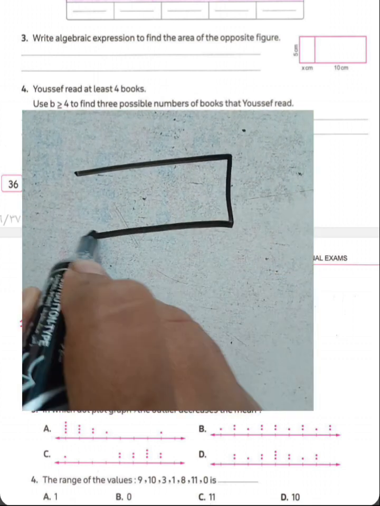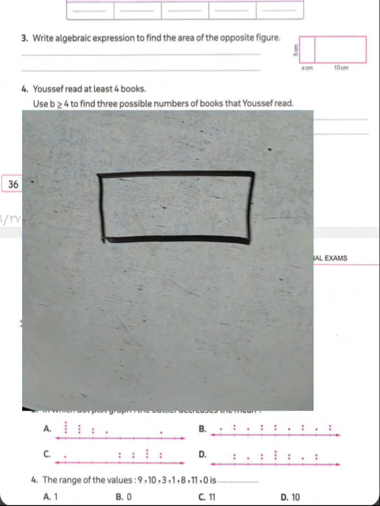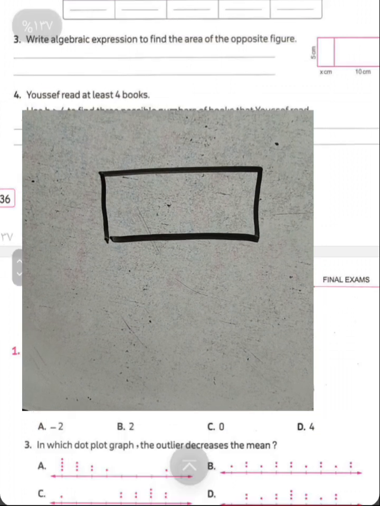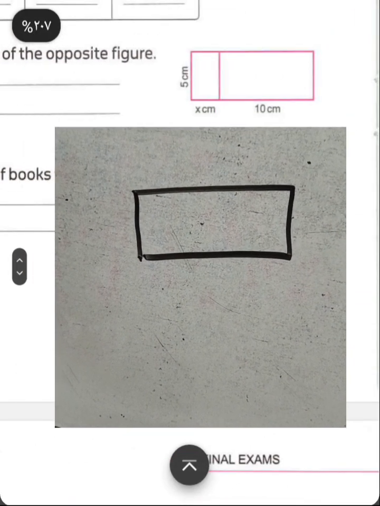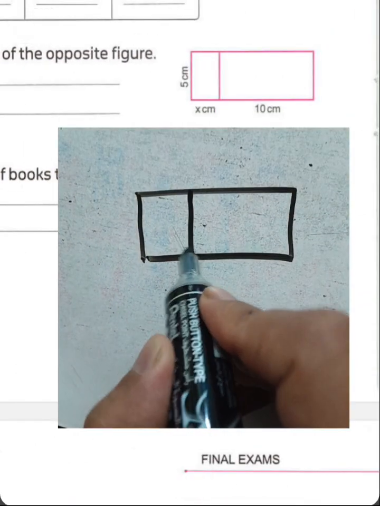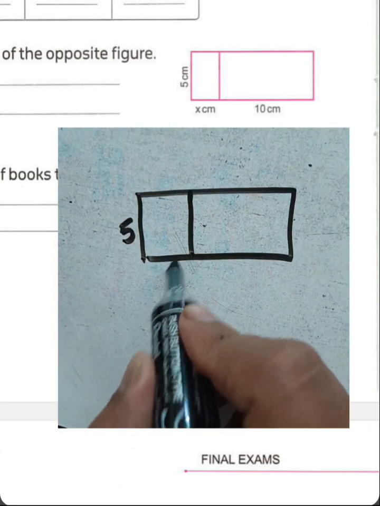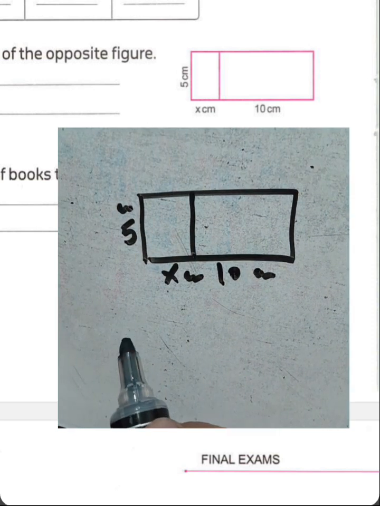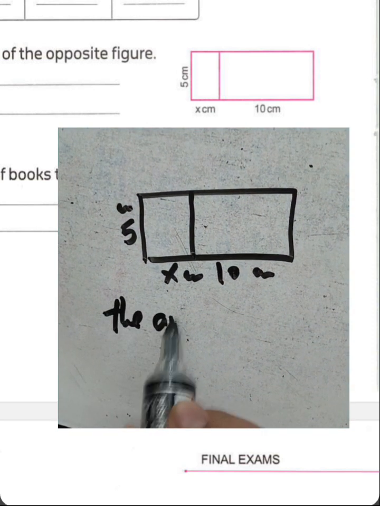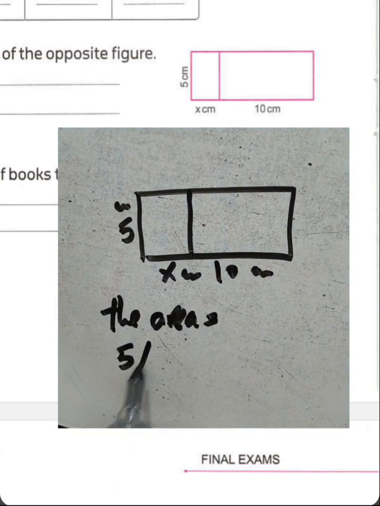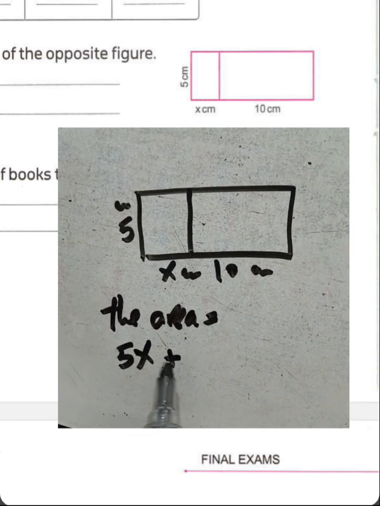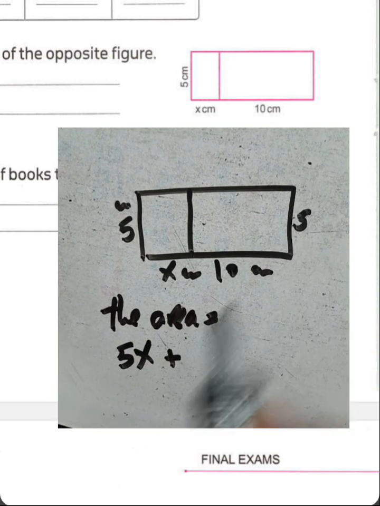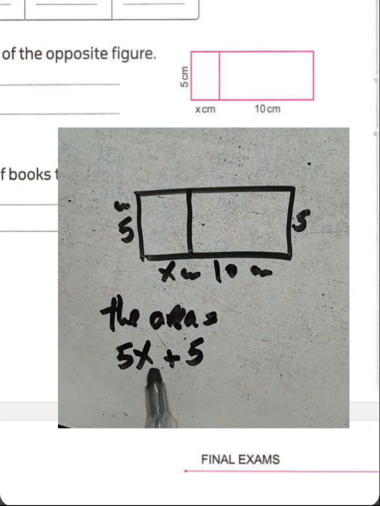Question number 3, write an algebraic expression to find the area of the opposite figure. We can find the area of a rectangle equals length times width. We have here two dimensions, 5 and x. About the first rectangle, the area here will be 5 times x, and the area of the next rectangle is 10 multiplied by 5, it will be 50.